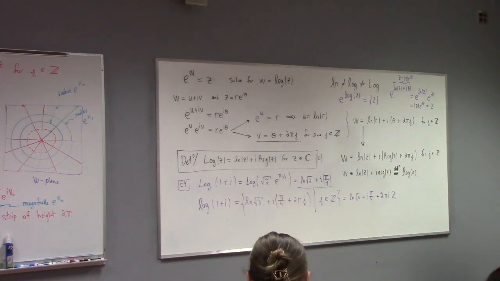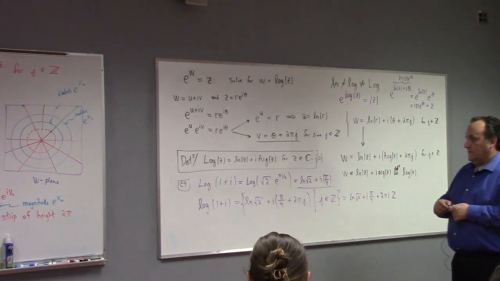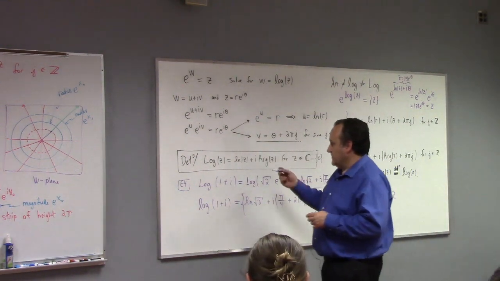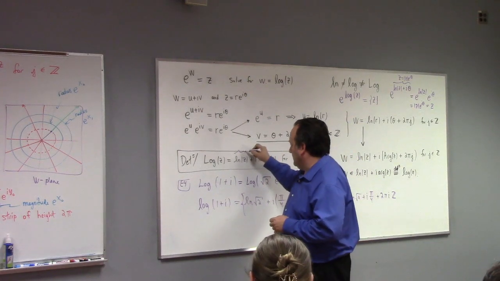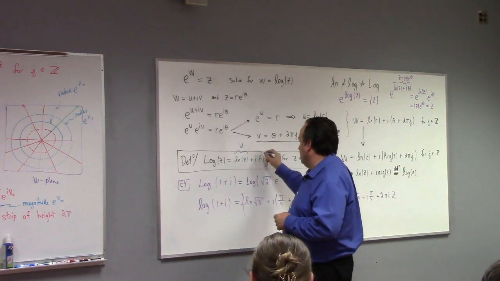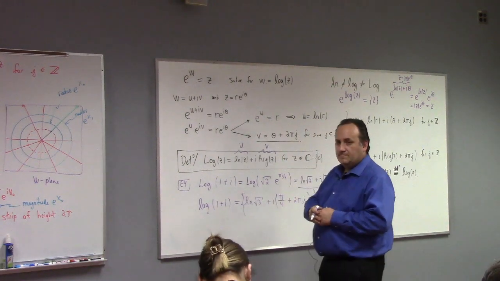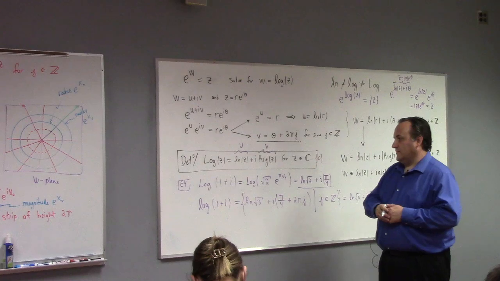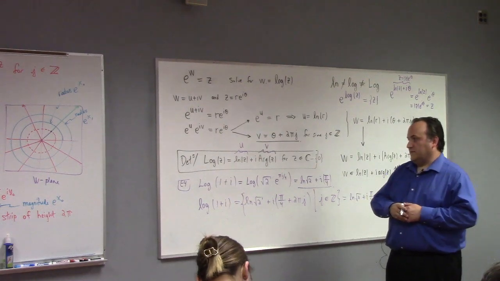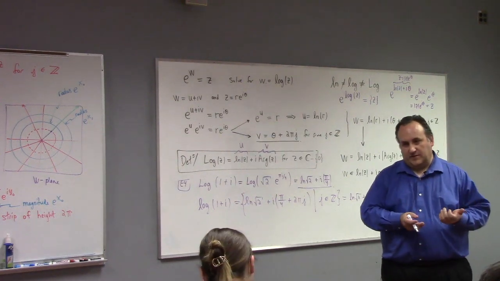Anyway, yeah. So the other question is, what are the u and the v here? It's kind of right in our face. See, this right here is the u, and this is the v, right? So the real part of the complex logarithm is the natural log of the modulus of z.